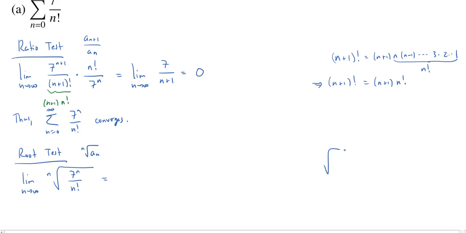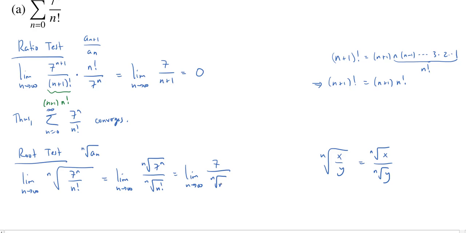Now, we know that if you take an nth root of a quotient of positive terms, this will be the quotient of the nth roots. So I can write this limit as the nth root of 7 to the n over the nth root of n factorial. In the numerator, the nth root of 7 to the n is just 7. And then I still have this nth root of n factorial in the denominator.